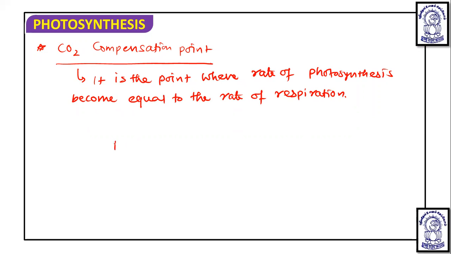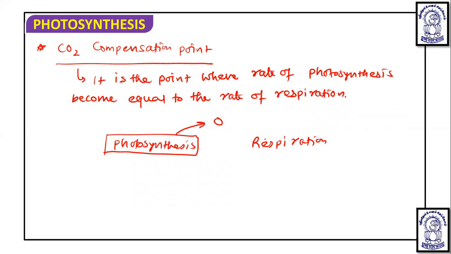So when the photosynthesis rate and the respiration rate are equal, then whatever oxygen is evolved in photosynthesis is going to be used by the respiration of the plant, and whatever CO2 is released during respiration is going to be used in photosynthesis.